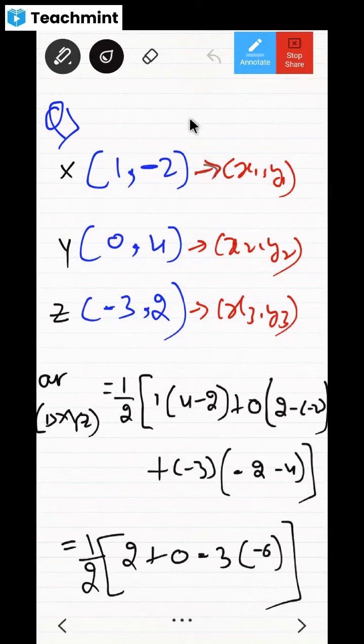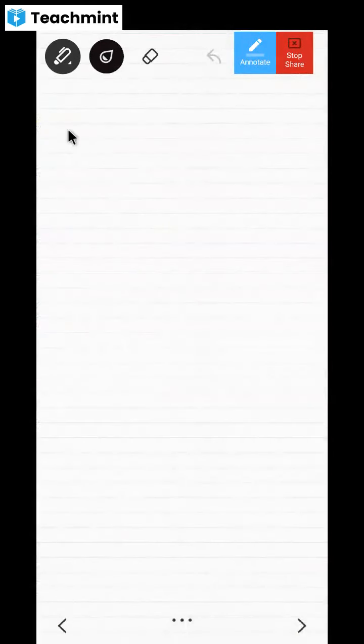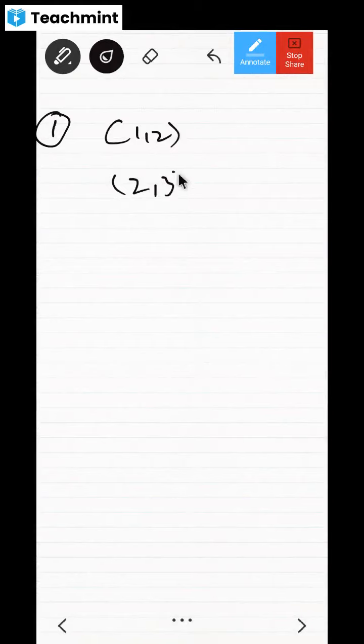Now, shall I give you some problems as homework to find the area of triangles so that these will come perfect to you? I hope everybody has written this. Now these are the points. The first problem is like this. The points are 1, 2; 2, 3; and 4, 5. Find the area of this triangle.